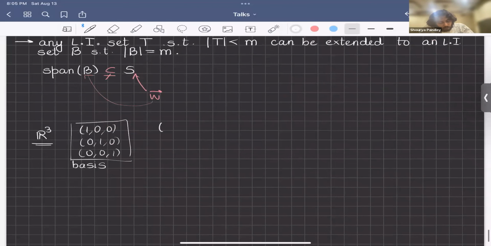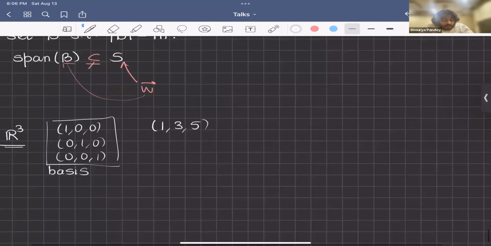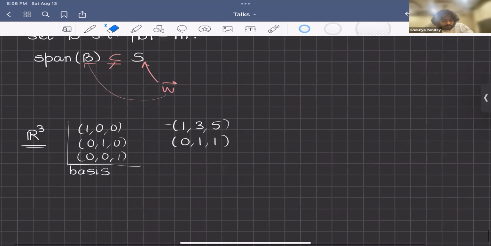By maximal, I mean that you cannot add another vector to it and keep it linearly independent. For example, if I take V1 to be (1, 3, 5), then I can take V2 to be anything that is not a multiple of this, like (2, 6, 10) or (3, 9, 15). So I could take (0, 1, 1). Then I can take any vector which is not a linear combination of these two, so I need to be careful.